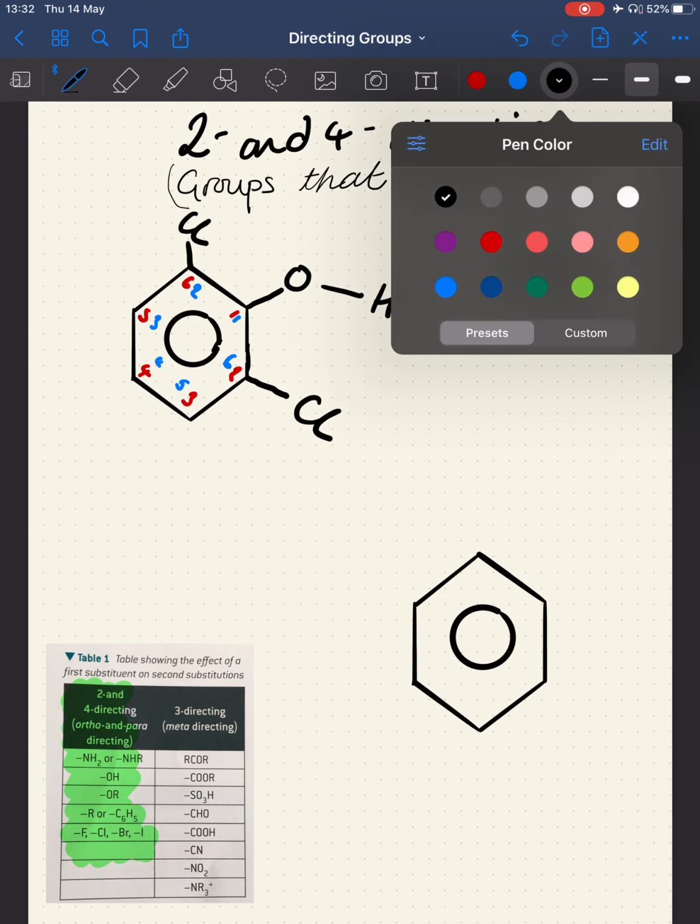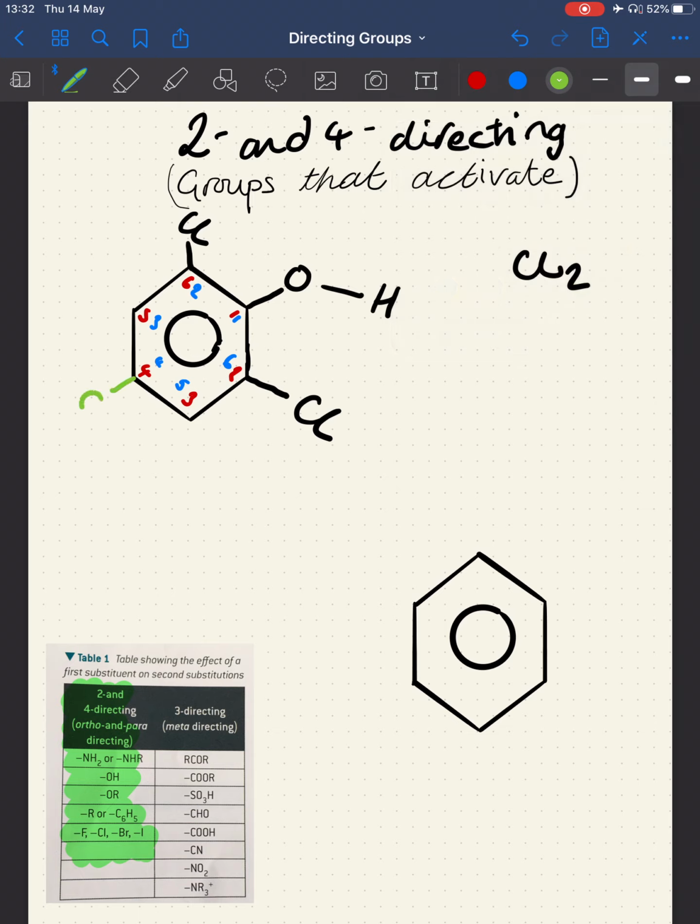It could also be substituted in on, let's use green, location 4. In this situation, we've got Cl substituted on the 2 location and on the 4 location, which we can also say is location 2. And then we've also got the chlorine substituted on position 4.